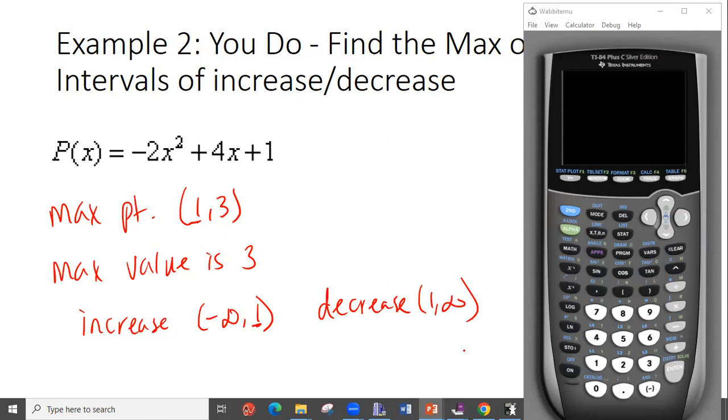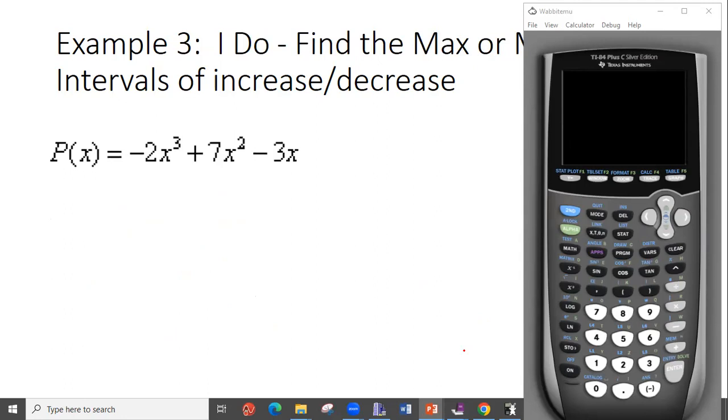Got it? All right. So here we have negative 2x cubed, plus 7x squared minus 3x, okay? This one, we're going to graph and see what it looks like. So I'm going to go to my graph.